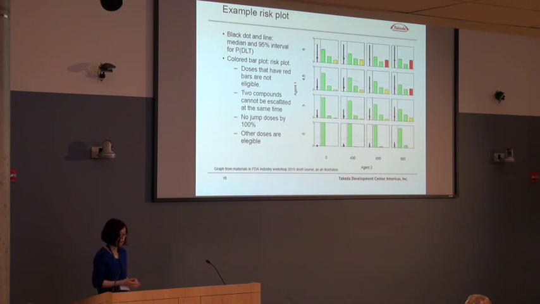This is a Novartis slide actually from my material. So if you run something like that, you can calculate the posterior probability of the DLT, and also you can see that if you cross out those red cells that didn't satisfy the overdose controls, you can also see that you can't escalate at the same time.